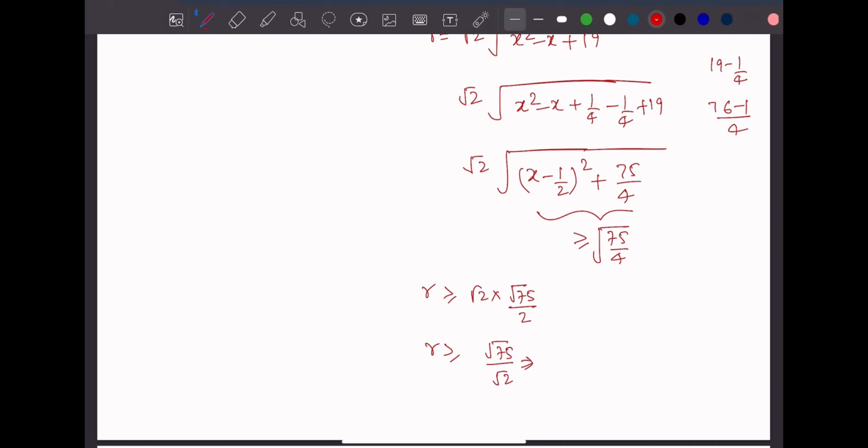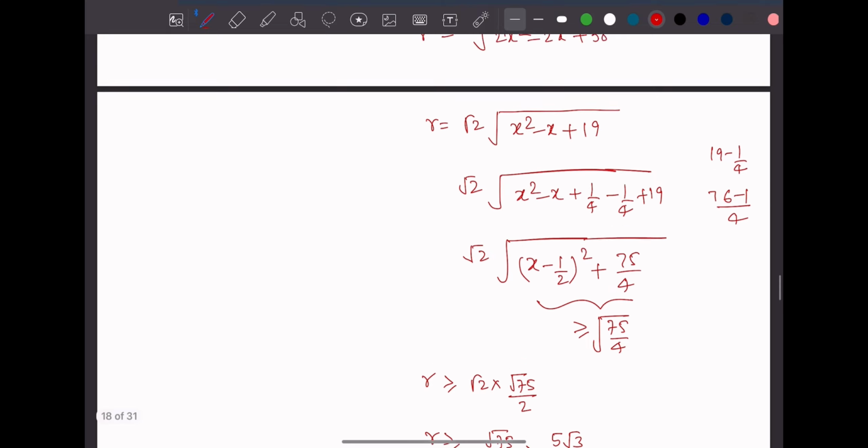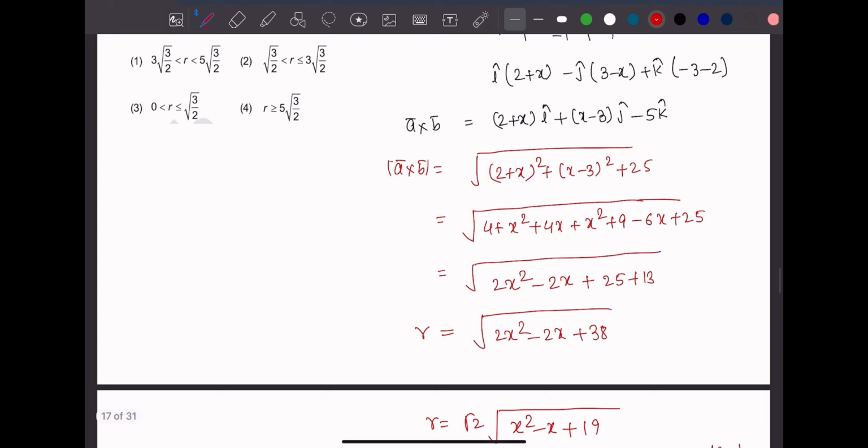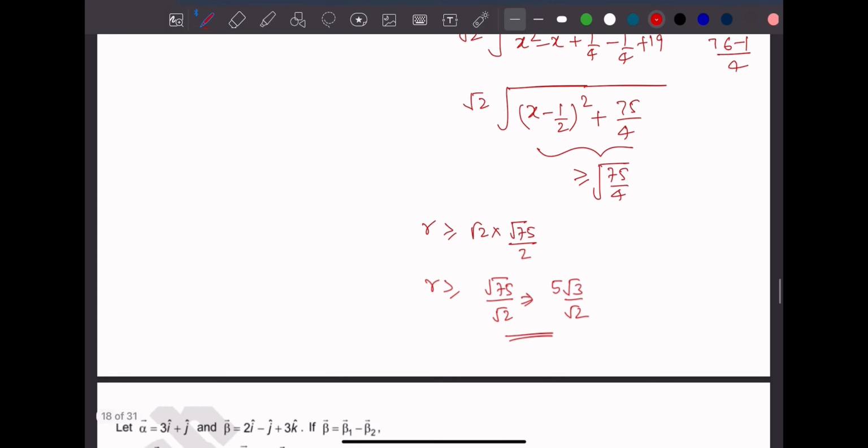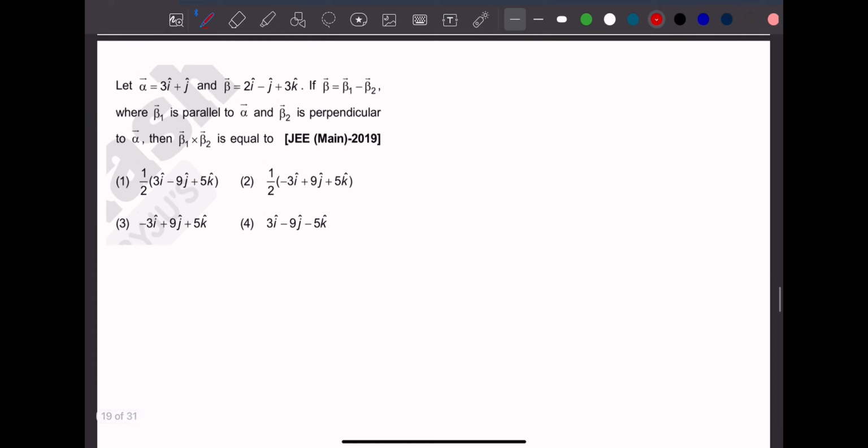Or say root over 75 we can write as 25 multiplied with 3, which means 5 root 3 by root 2. So we are getting r as greater than or equal to 5 root 3 by root 2, which means option number 4 is our correct answer for this question. Okay, मूव करते हैं क्वेश्चन नंबर 3 पे.